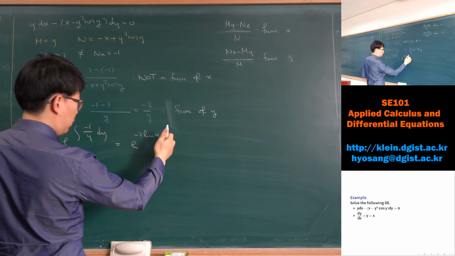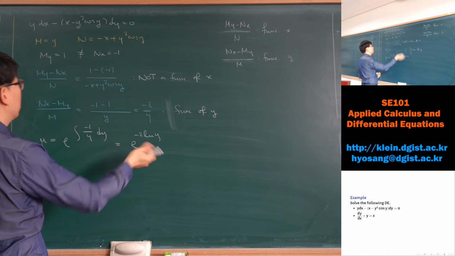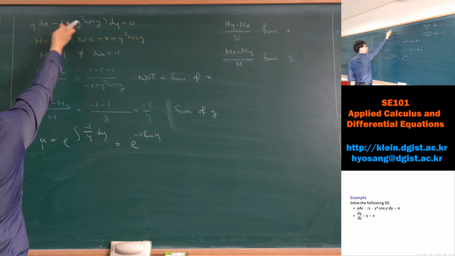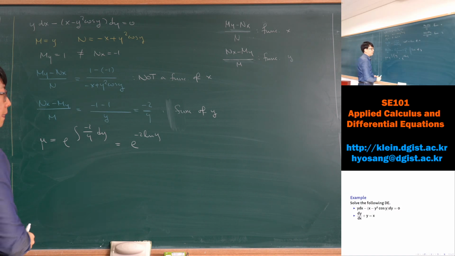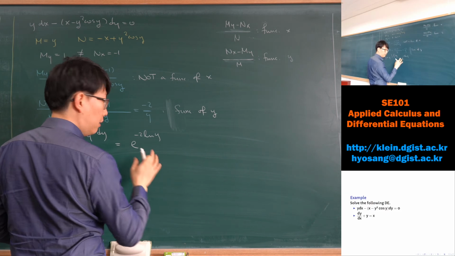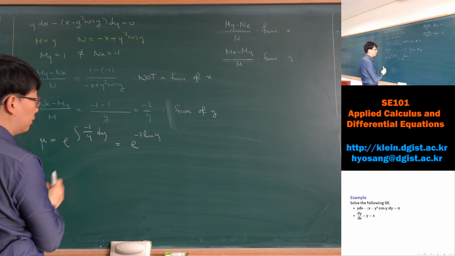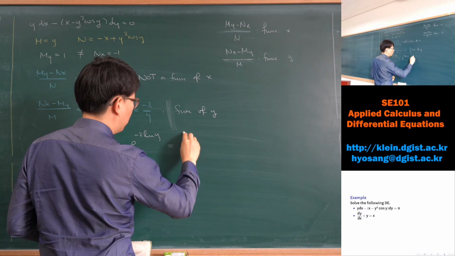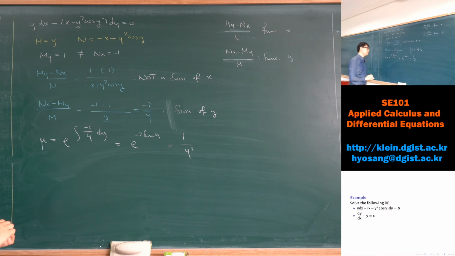It doesn't matter whether you put a constant c or not, because multiplying by a constant doesn't change anything. So you can just leave it like this. And if you keep computing, you get 1 over y squared.